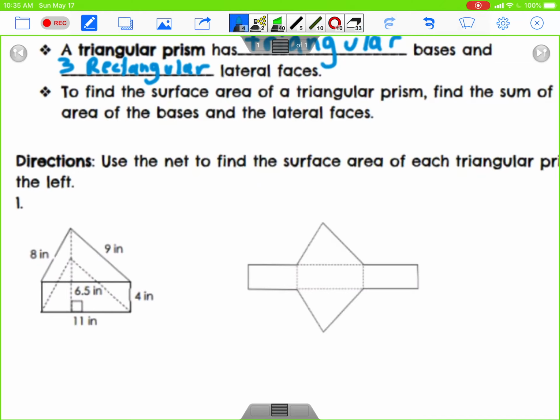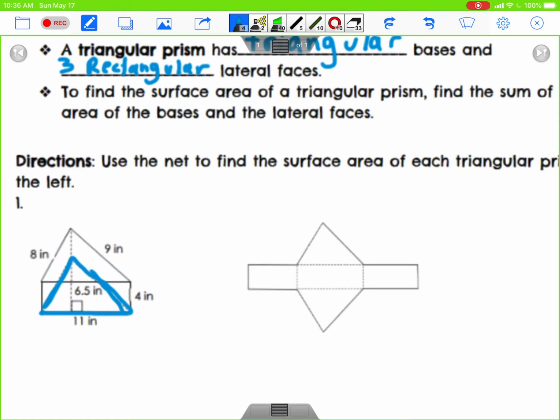Just like we did before, we want to start labeling our sides. I usually start off with the triangles because in my opinion those are the easiest to see. So I have the triangle right here, and then I have the top triangle. The triangles will always have the same base and height, always.